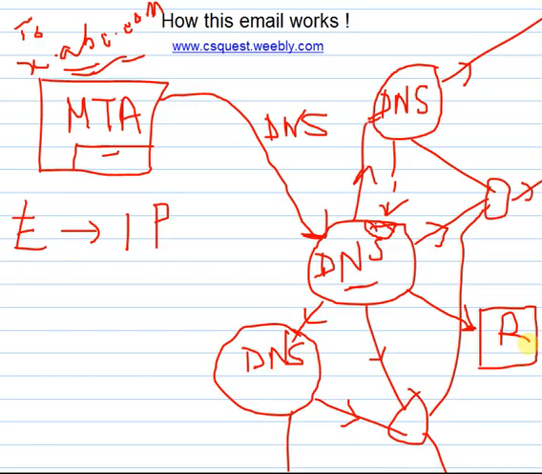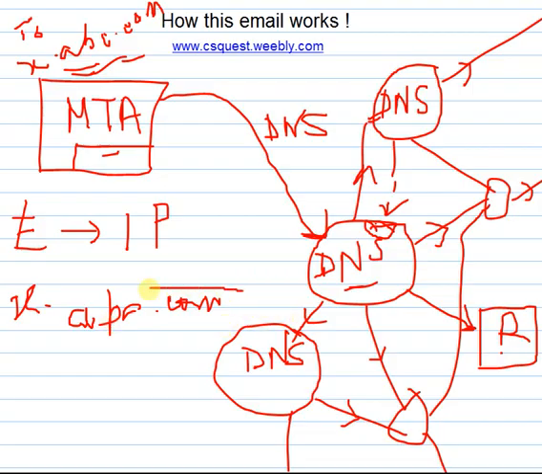So what will this server do now? It will break the whole thing. Suppose you're writing x dot abc, suppose a, b and c dot com. First of all it will start checking from the right hand side and go to the left hand side.